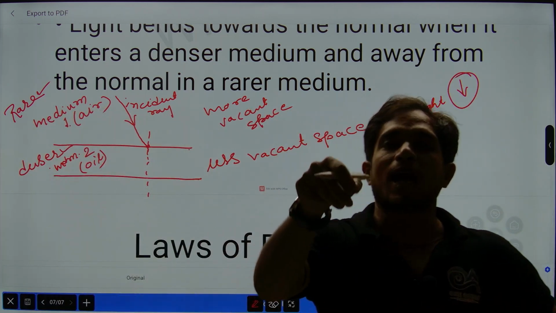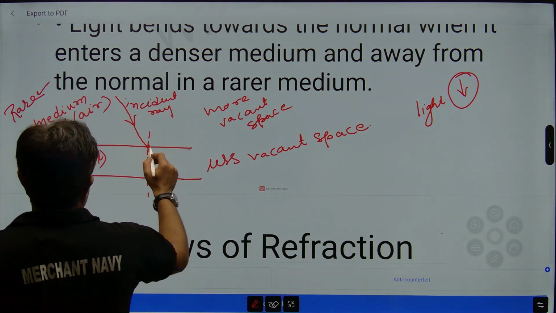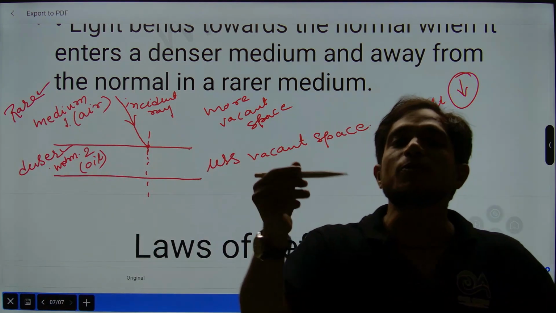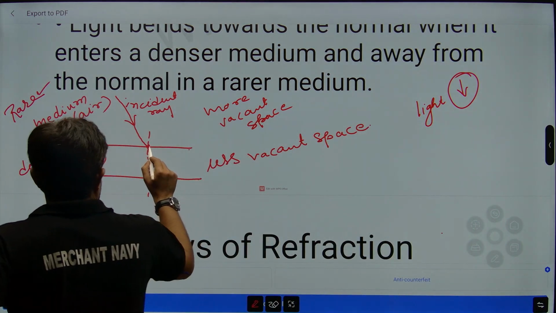If the speed of light decreases, then what will happen? It will try to move towards the normal.